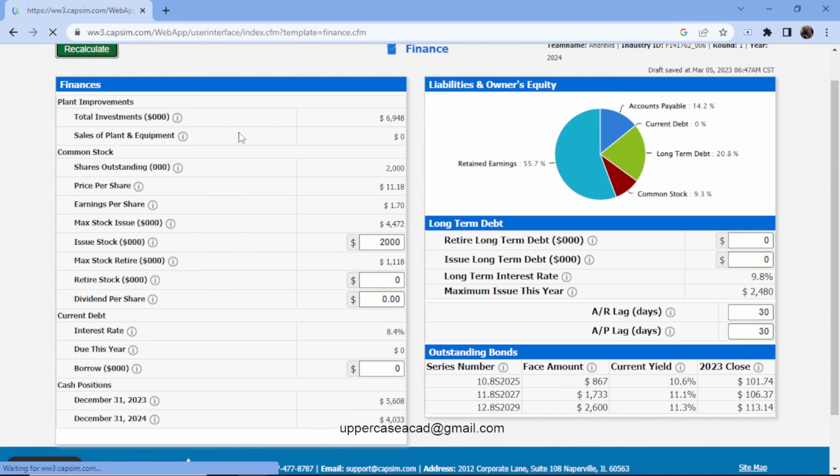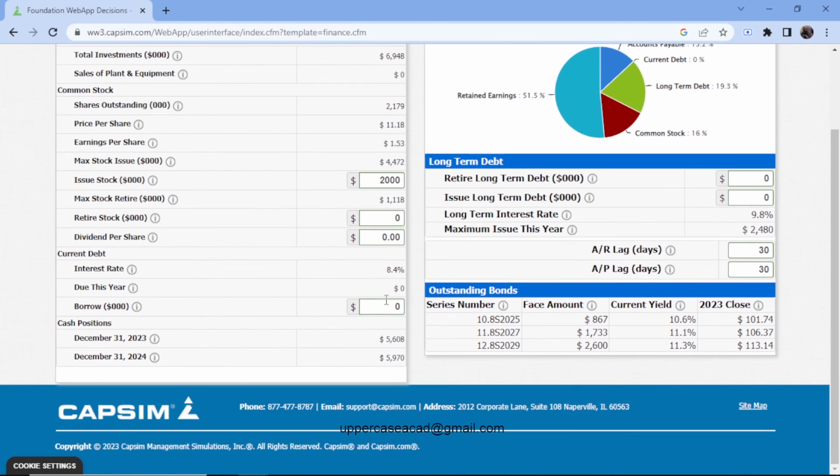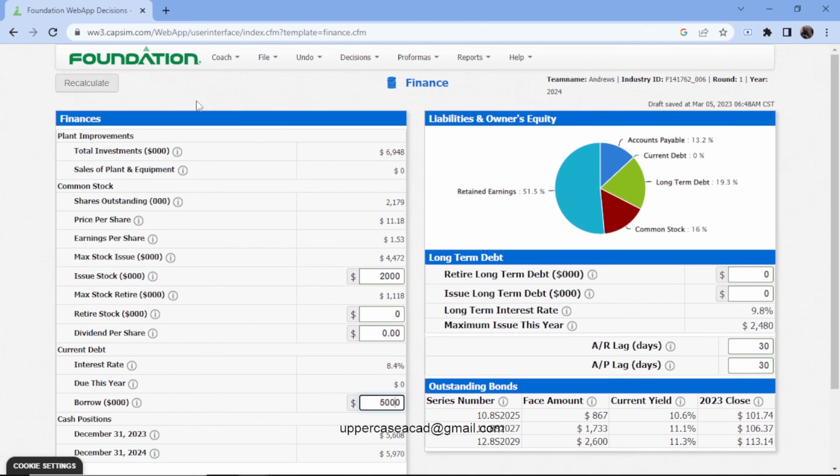I'll also issue stock worth 2,000. Then I'll take short-term debt of 5,000, because I just want to increase my company.